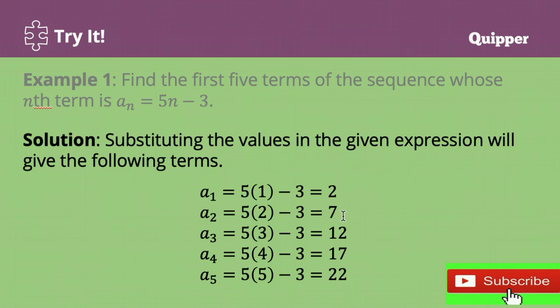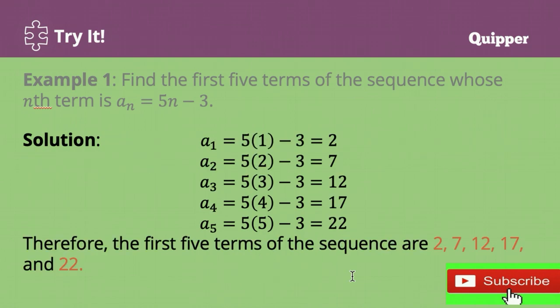And keep doing this until we have the 5th term. So therefore, the first 5 terms of the sequence are 2, 7, 12, 17, and 22, using this nth term or the general term for this sequence.